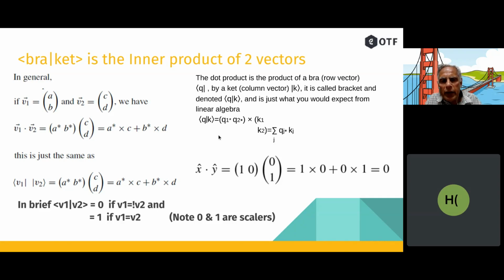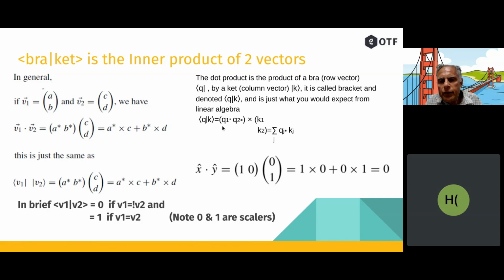You can just put it as a bracket. Q K bracket means bra Q, ket K. So Q K bracket is equal to Q1 star, Q2 star. So Q has components Q1, Q2, K has components K1, K2, like we had in the vector A B C D.